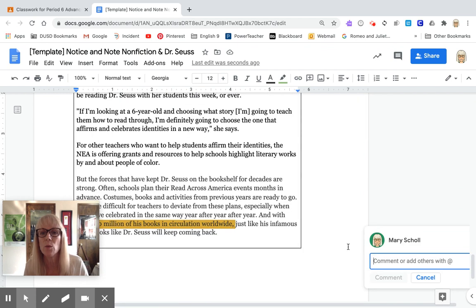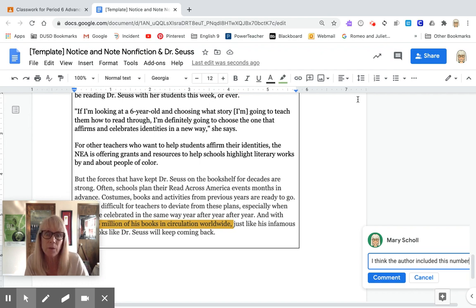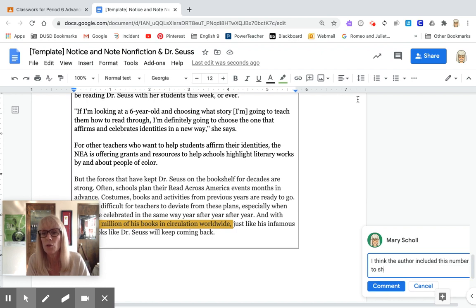Okay, so you would start it with, I think the author included this number. And, I'm thinking if it's 650 million, it's going to show how popular his books are.